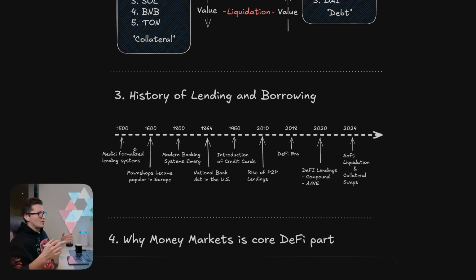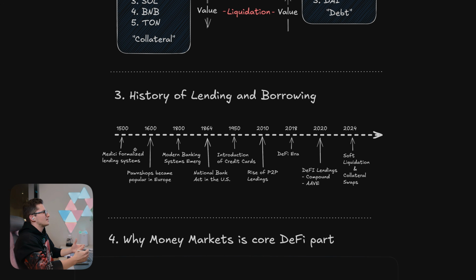People were able to put up as collateral some jewelry, for example, some gems, or some commodities, even books, some gold, and take money as a loan against their collateral. Then in 1800, the modern banking system was formed in Europe, the USA and Asia.